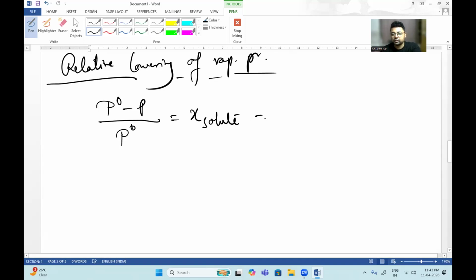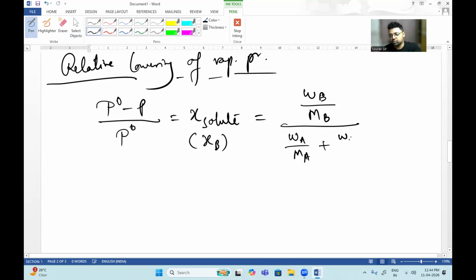Let it be XB, B means solute. So WB by MB, the number of moles of solute divided by total number of moles. This is known as mole fraction. So this is number of moles of solute divided by number of moles of solvent plus number of moles of solute.